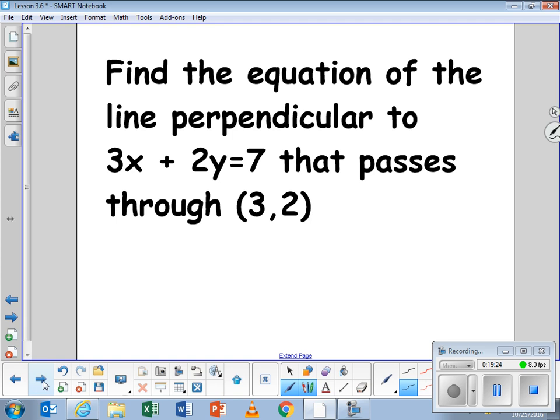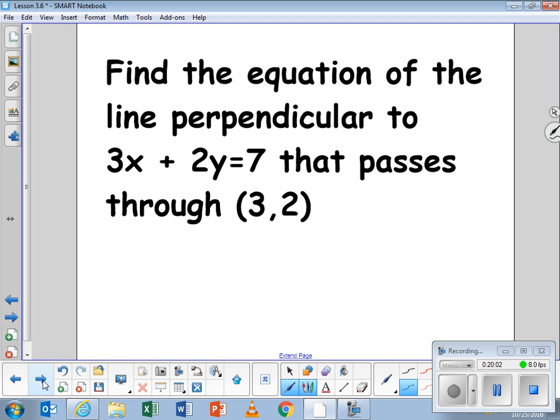Okay, moving on then. Find the equation of the line perpendicular to 3x plus 2y equals 7 that passes through (3, 2). Now again, before I turn you loose on this, what's the first thing we have to use? We want to write an equation, right? So what form are we going to use to write an equation?